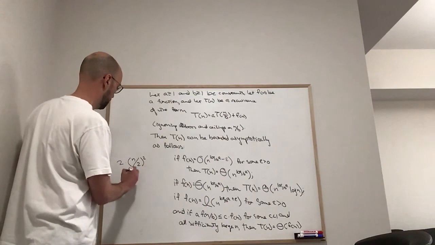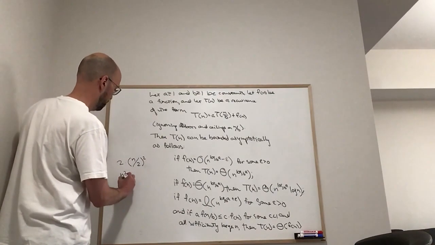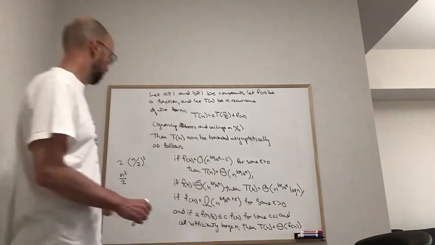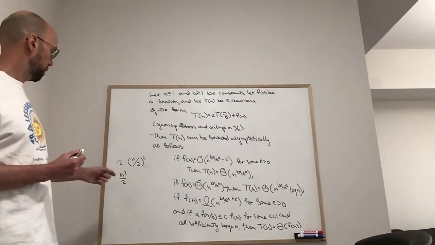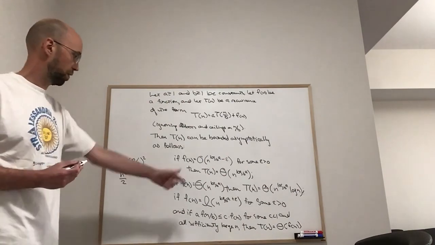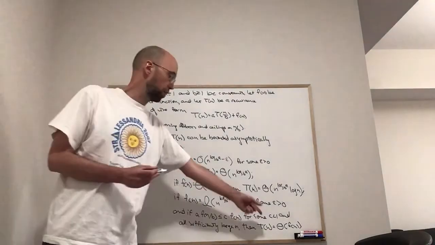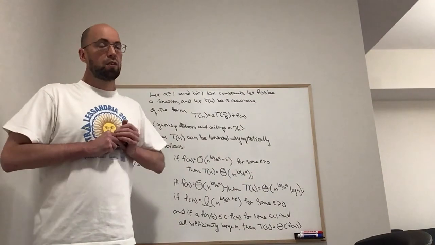That is going to be n squared over 2. So this is true for c equal to 1/2, because f of n is n squared. And so you're going to say, actually your algorithm is going to take quadratic time.